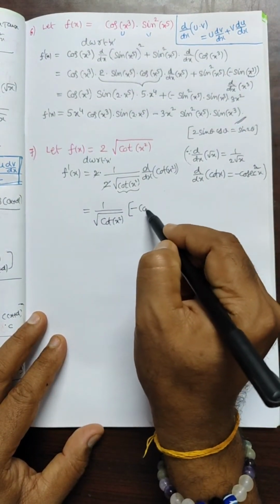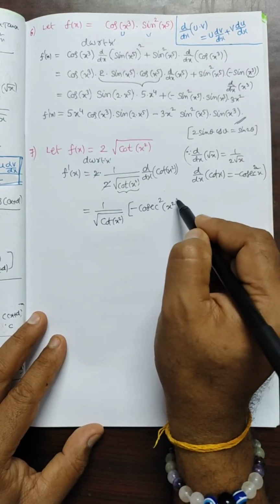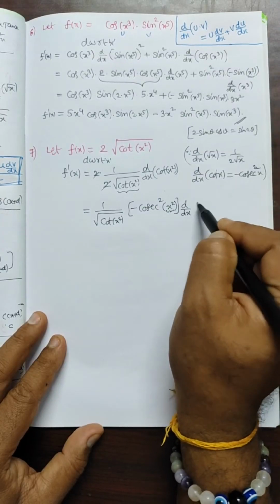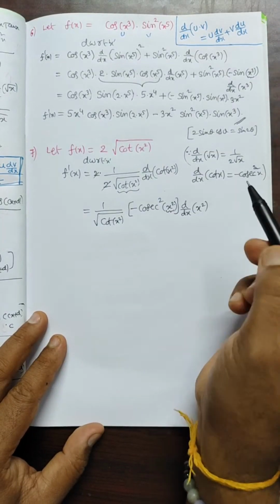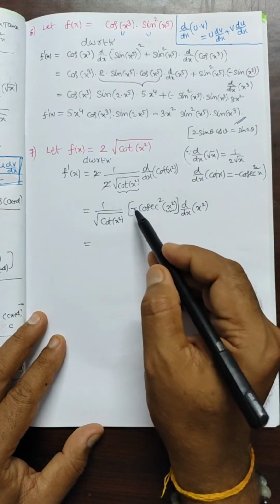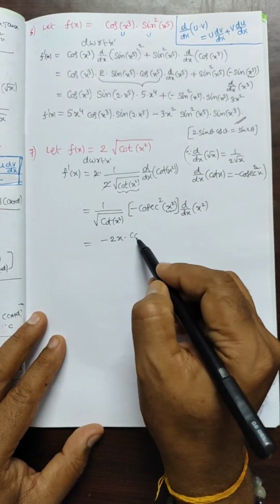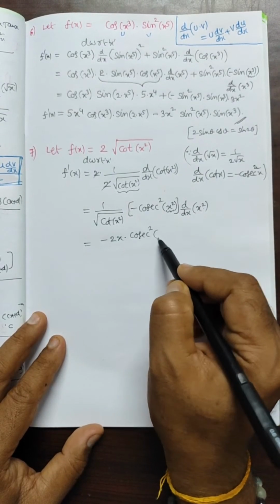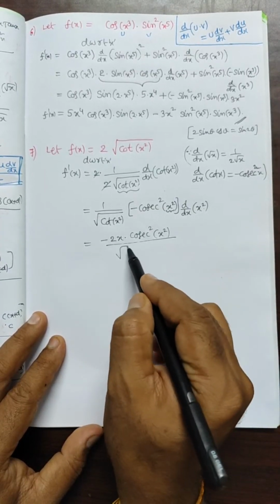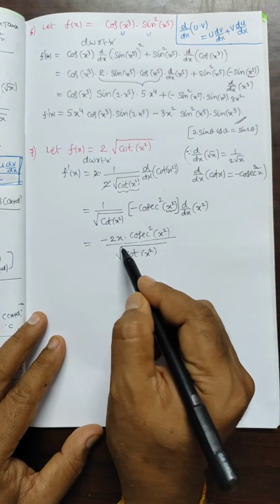So minus cosecant square x square. Again this x square we have to differentiate, d by dx of x square is 2x. Already minus is there. Minus 2x into cosecant square of x square divided by root cot x square.